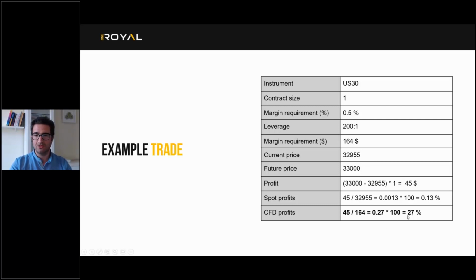So you can imagine how big the profits are compared with spot trading. In spot trading, you will make 0.13%, and in CFD trading, you will make around 27%. If you divide 27 by 0.13, this is around 200 times, which is the leverage that we have talked about. So it amplified 0.13 to 27%.